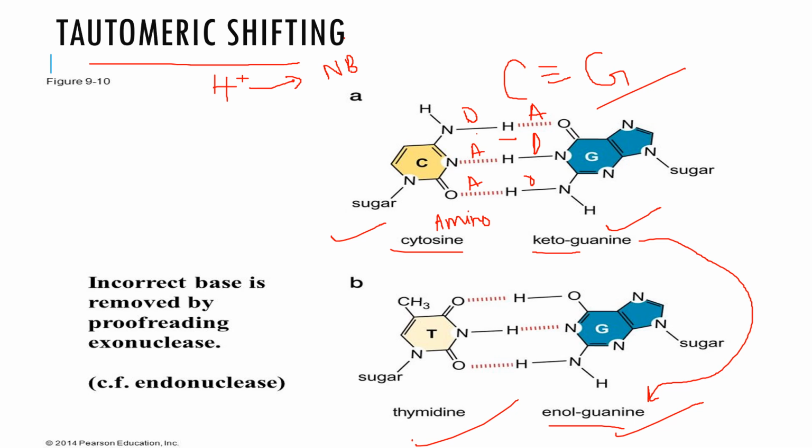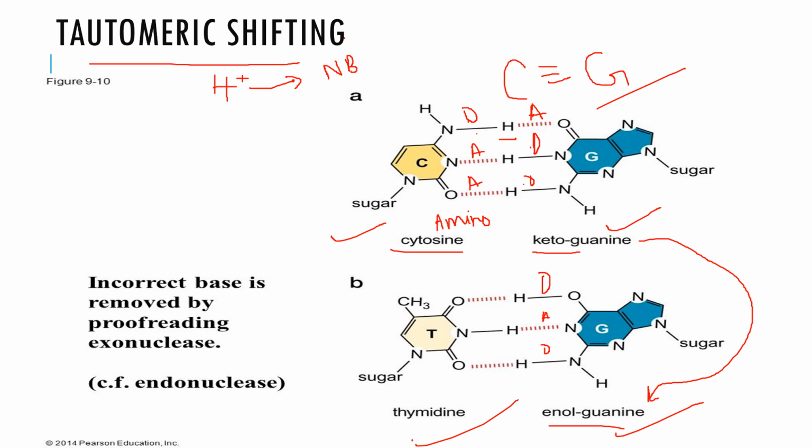Now why? Because here the guanine has acceptor, donor, but now the positions have changed, and because of this change in the position of the bond, this enol form of guanine cannot form a bond with cytosine.